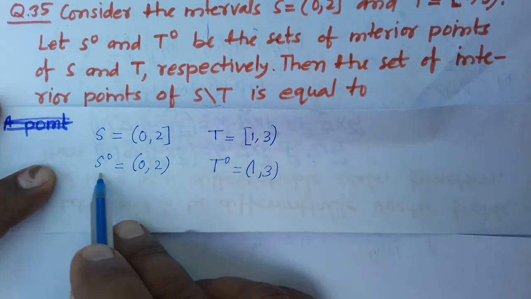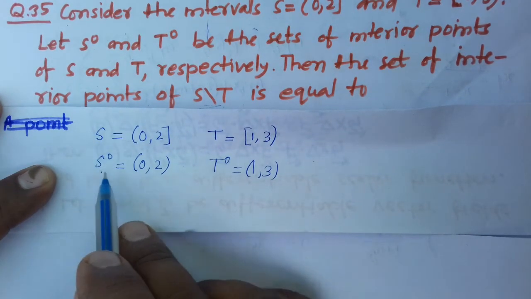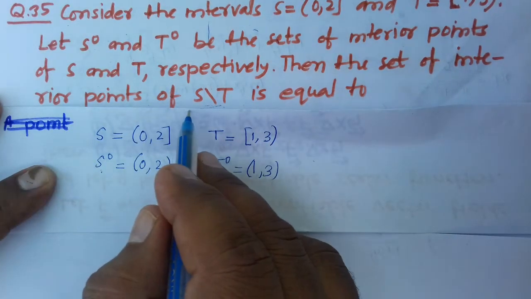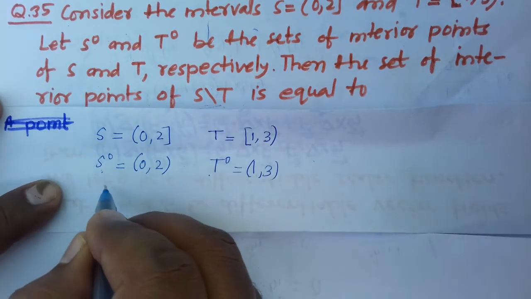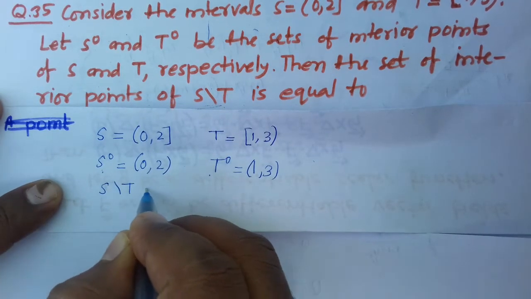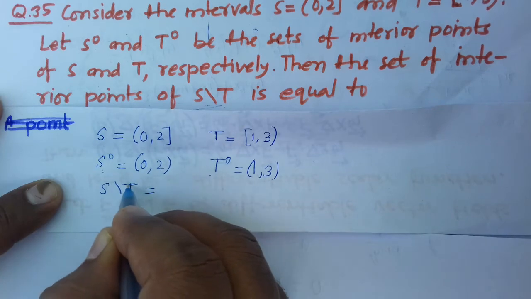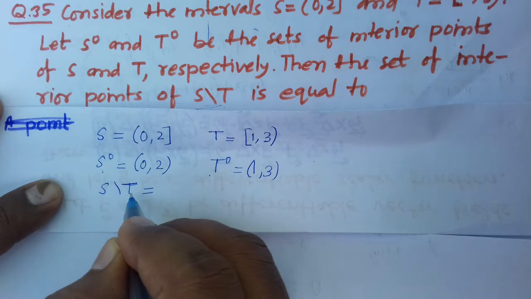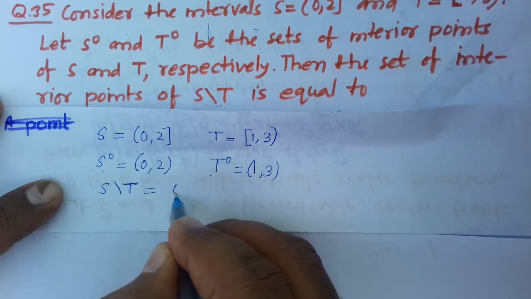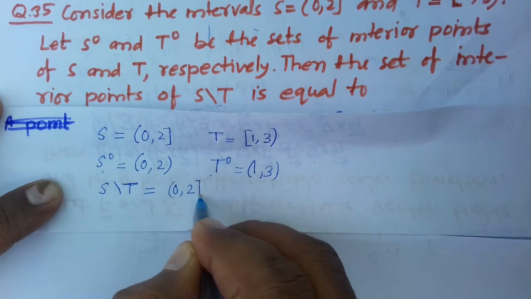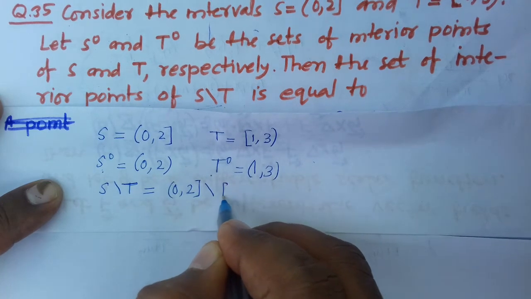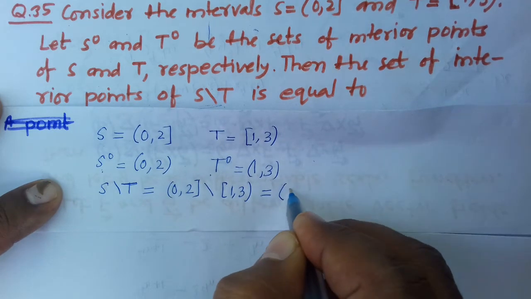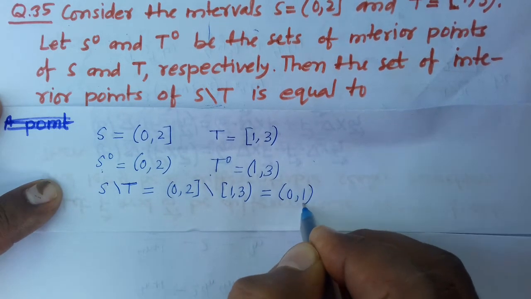Here we obtained the set of interior points of S, S degree, T degree, and here the set of interior points of S oblique T. First get S oblique T. S oblique T means we have to exclude those points of S which are present in T. So this will be 0 to 1.